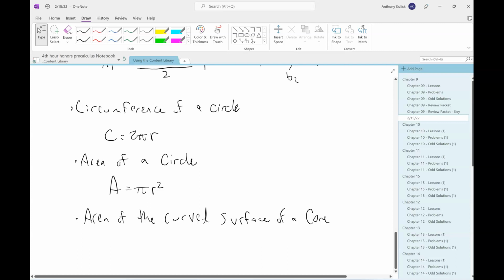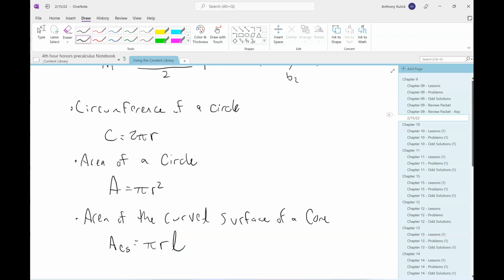So you're just talking about what's the area of that curved surface. Anybody remember this one? This is tricky. So this is pi times the radius times the slant height.